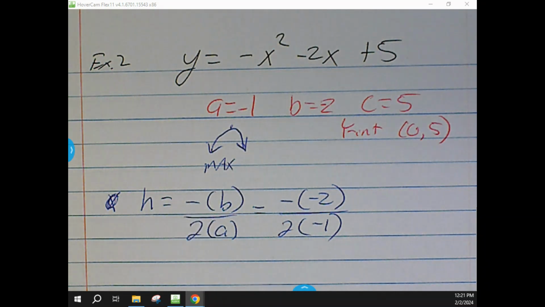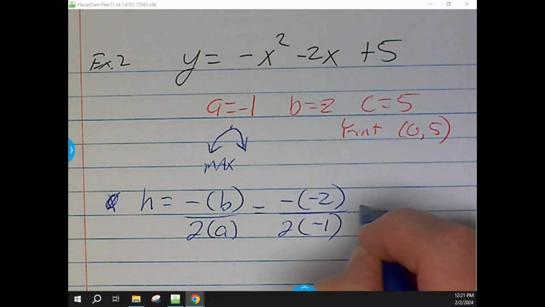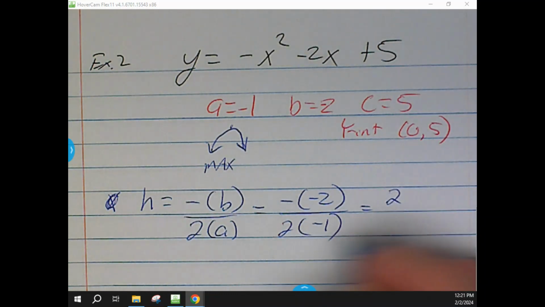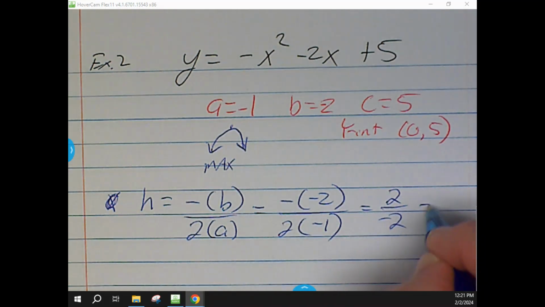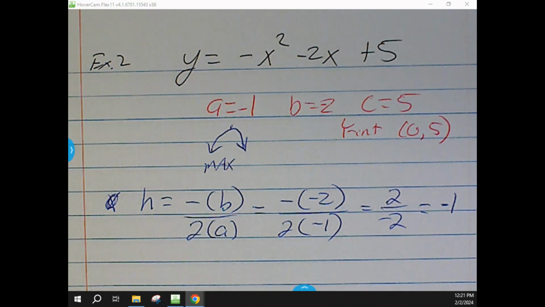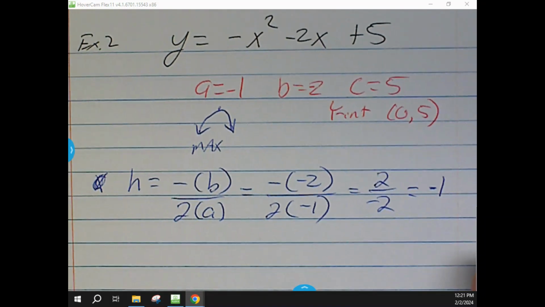Yes, absolutely, every single time. It's always a negative on the outside of the parentheses. This one always has a 2 on the outside of the parentheses. So for this one, when you do the minus the negative, that makes that a positive 2. When you do 2 times negative 1, that makes that a negative 2. And then once you've got those, you can divide 2 and negative 2. So the h value of the vertex is going to be negative 1.